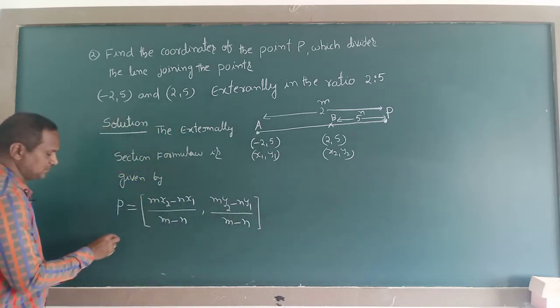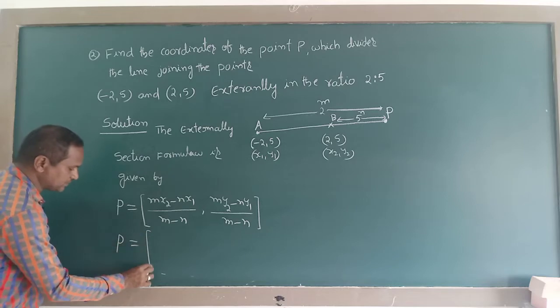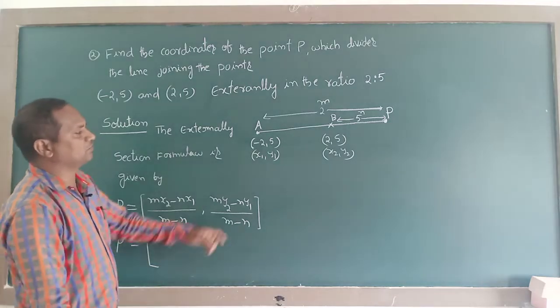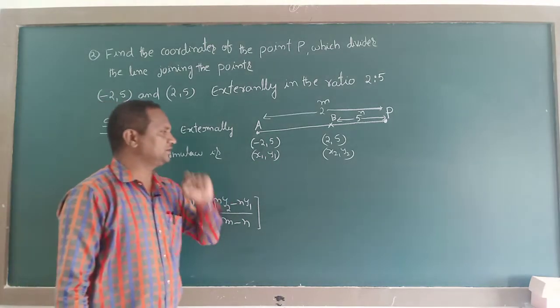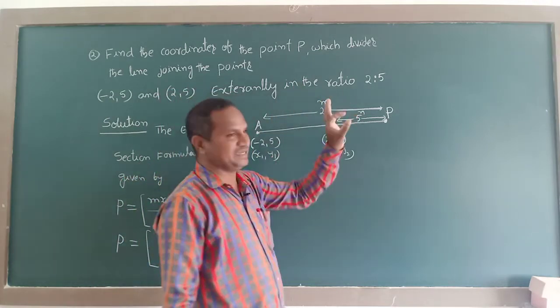that is, P is equal to, in this case we substitute all the values of x1, y1 and x2, y2. At the same time we also substitute the values of m and n.